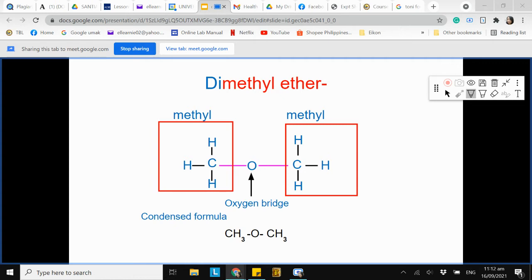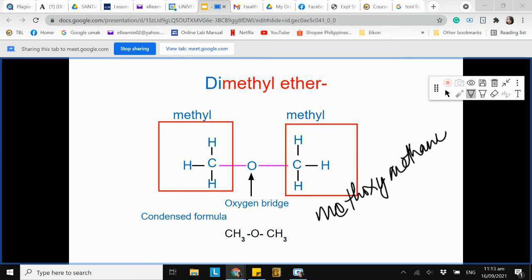Okay, methoxy, with an X. Okay. So, methoxymethane. So, yan po yung pangalan niya. Kaya, guys, mag-try lang kayo. Wala namang masama eh. Okay?